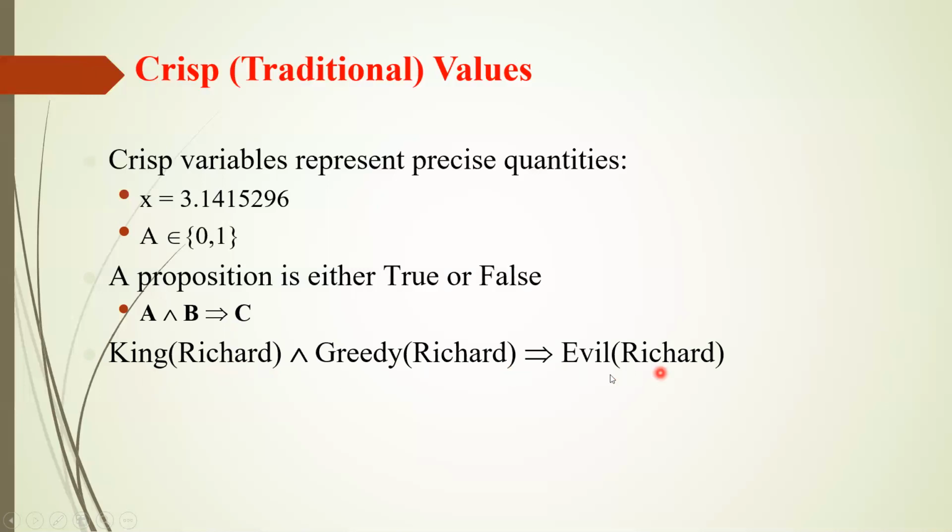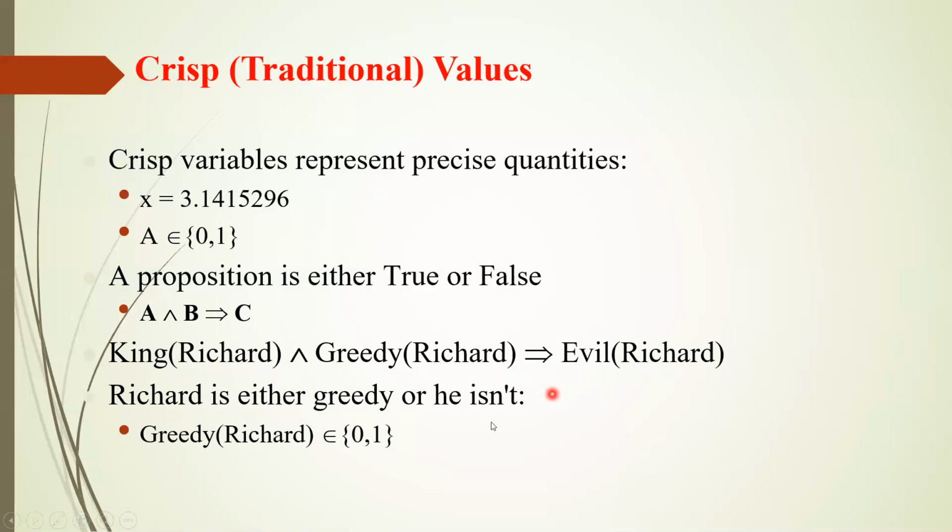This implies that Richard is evil. So this is again a proposition which may be either true or false. There is nothing in between the two. So this means that if Richard is greedy, the value may be 0 or 1. This statement may be either true or false.